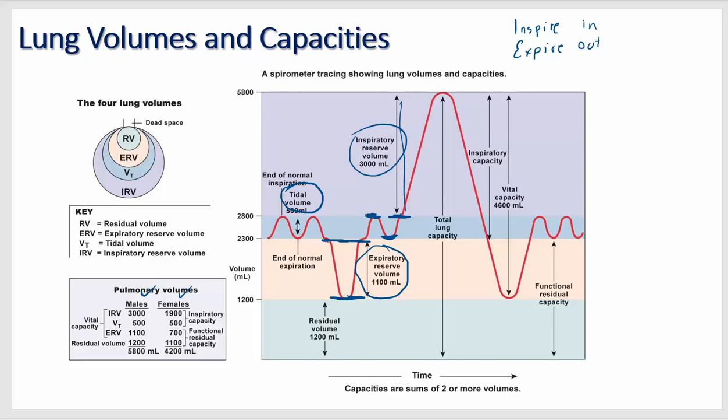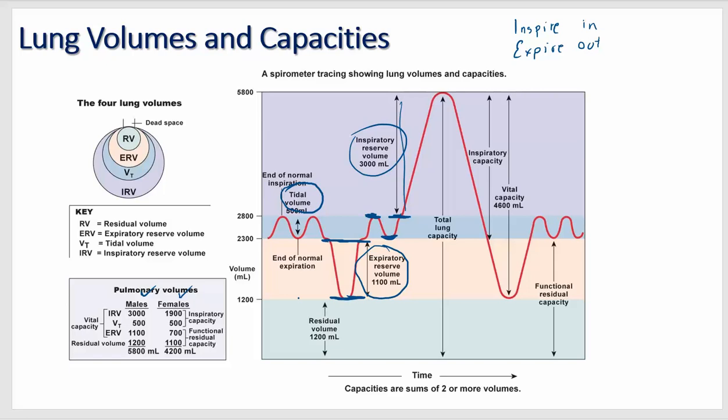If we take a deep breath in, and then we blow all of the air out until we can't get any more out, that's what we call our vital capacity. Vital meaning living. So I think of it as what we use to live. That's the air in our lungs that we have control over, and then we can live by controlling how much air we breathe in or out.